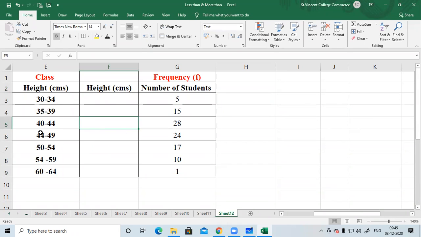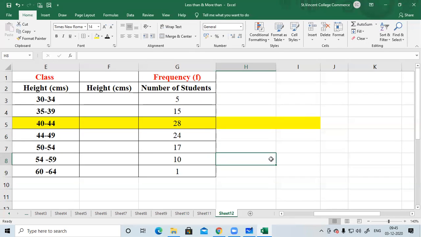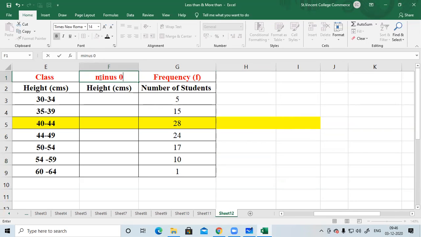Now, as discussed, the model class is the class with the highest frequency. The highest frequency comes to 40 to 44. So if you want to save time, even when you're doing median, convert only the median class or the model class. But in case you think you're going to get confused, how to convert, as discussed, you do minus 0.5 on one side and plus 0.5 on the other side.